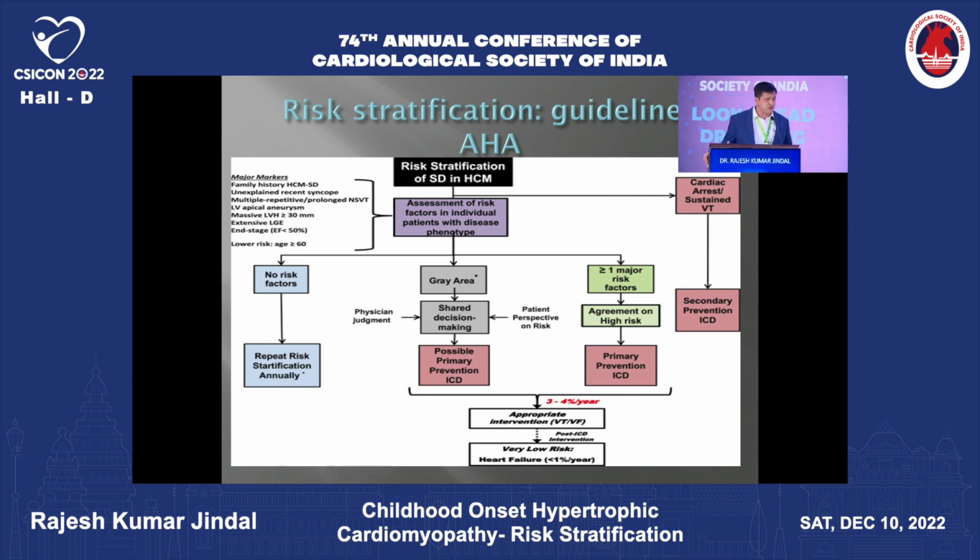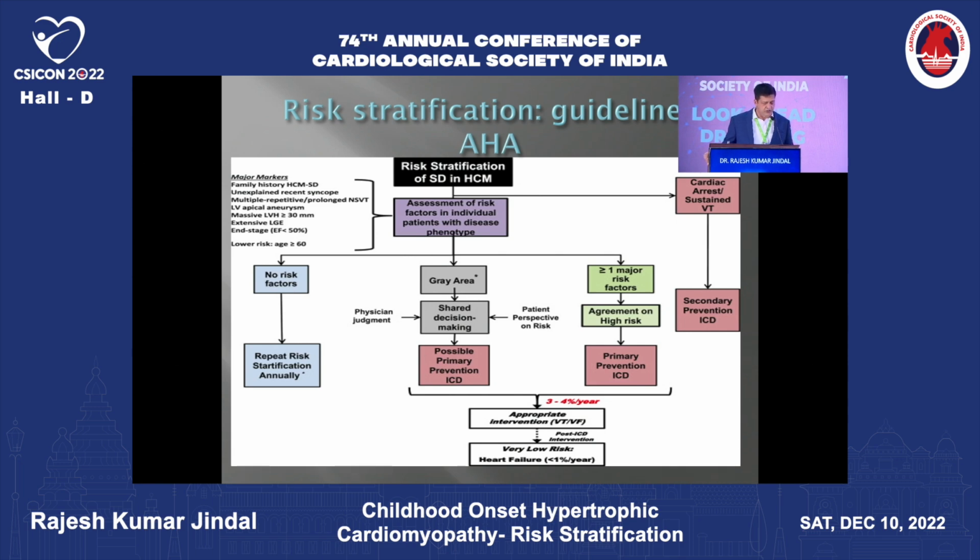presence of more than one major risk factor. So what are these major risk factors? Family history of hypertrophic cardiomyopathy or sudden death, unexplained recent syncope, multiple repetitive prolonged non-sustained VT. All these risk factors have been further defined also, and I think we should all go into the definitions of these risk factors, because there are a lot of gray areas when we apply these in clinical practice.